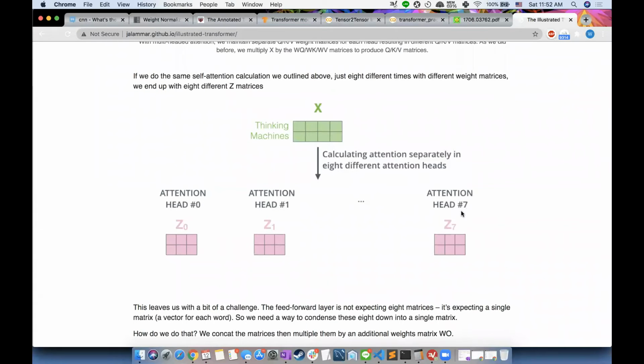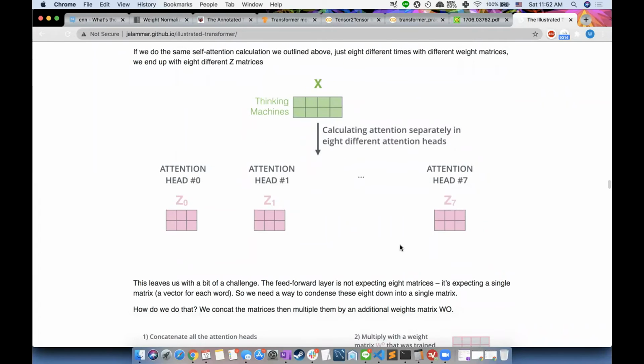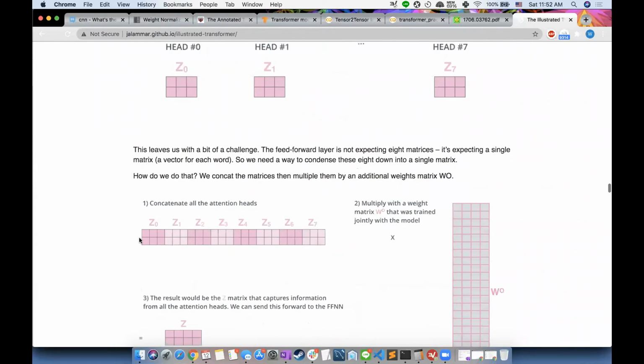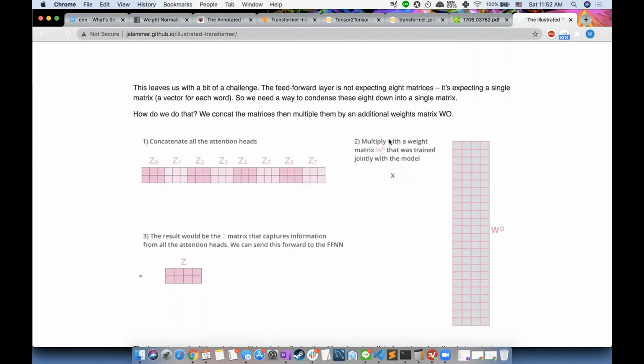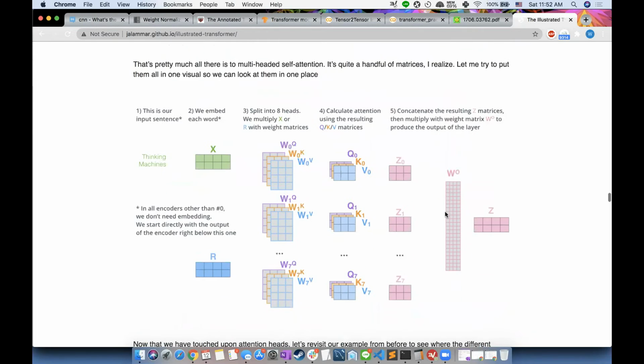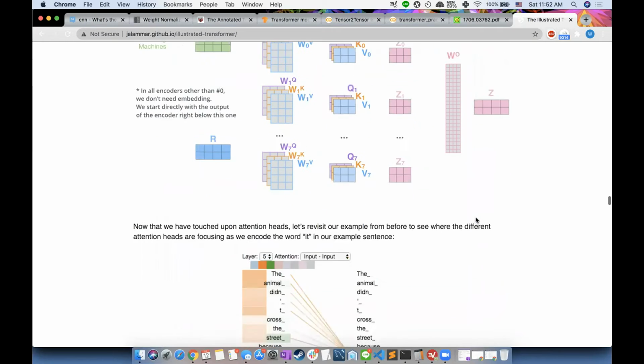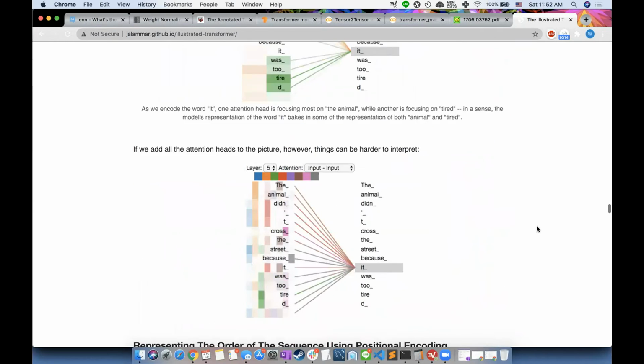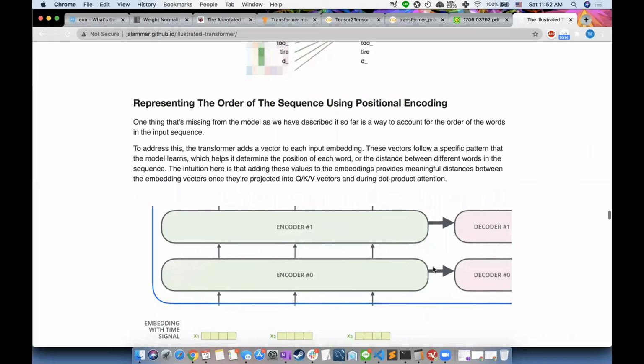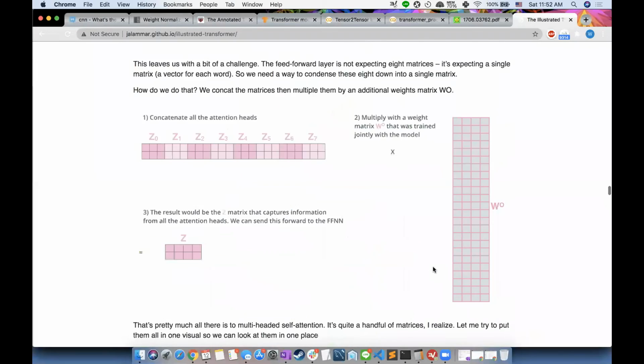People like to name it in a fancy way, like attention copy or attention split, but just think about it as a bunch of splits. When you concatenate them together, you multiply with a weight matrix like this. Then you get your eventual Z, and then you feed it into the next layer.